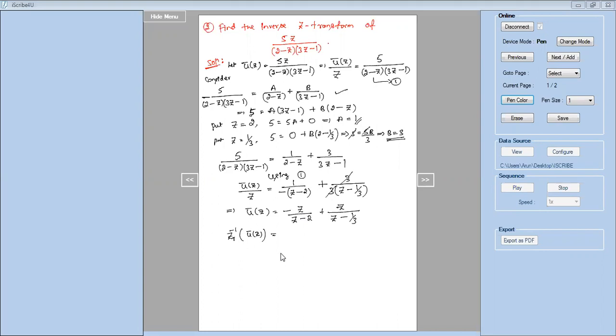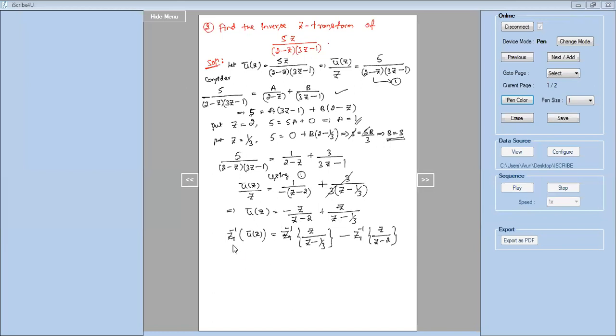So here what I am going to do, since it is a negative term, I'll write the positive term first. It is ZT inverse of Z by Z minus 1 by 3 minus ZT inverse of Z by Z minus 2. I'll write this positive term first, then minus inverse of this Z by Z minus 2.